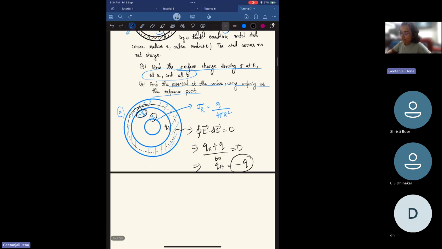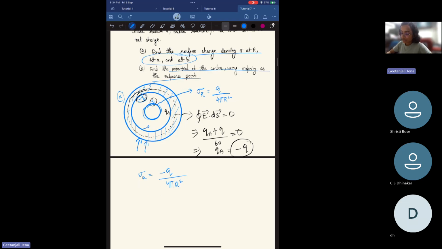And that is why, if you now calculate the surface charge density for this inner surface, sigma small a, it will be minus Q by 4 pi a square. And for the outer surface, the metal shell was neutral before, right? Only the inner one has charge Q. The outer one doesn't have any charge, so the total charge should be zero.